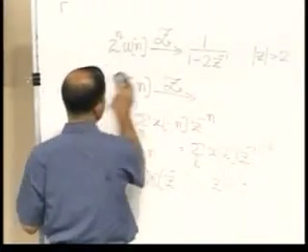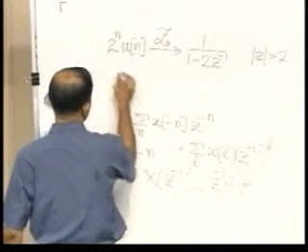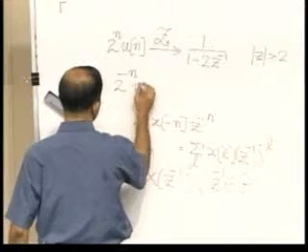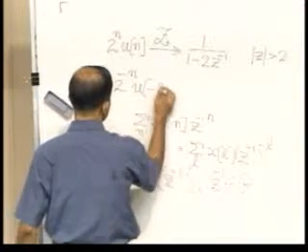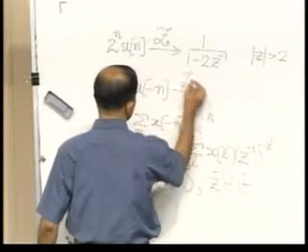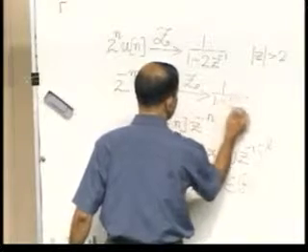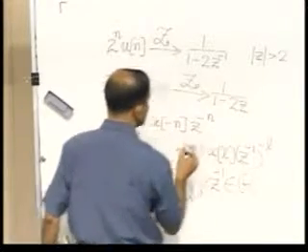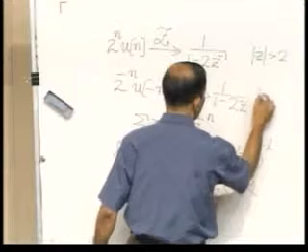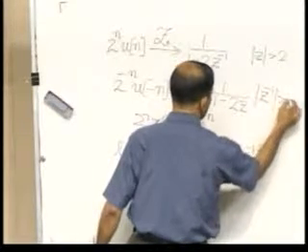What is x of minus n? In this case, x of minus n would be 2 raised to the power minus n u[minus n]. And the z transform of this would be equal to 1 by 1 minus 2z, with a region of convergence mod z inverse greater than 2.